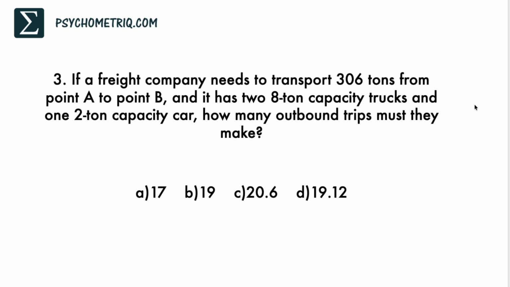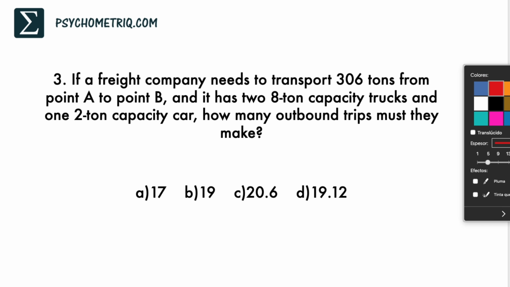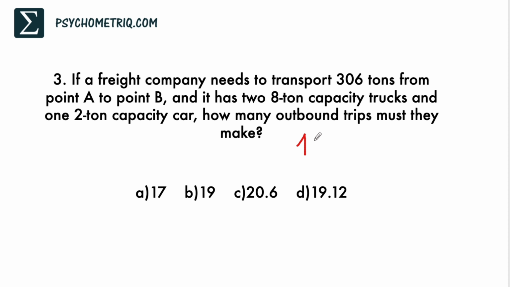Here they tell us that we have 2 trucks with a capacity of 8 tons each, so it would be a total of 16 tons between those two, and there is another truck that can carry a 2-ton trip. That is to say, 18.